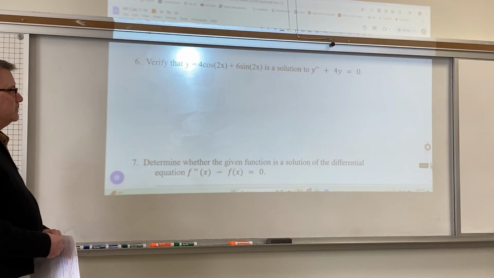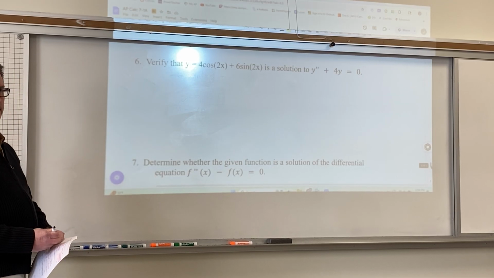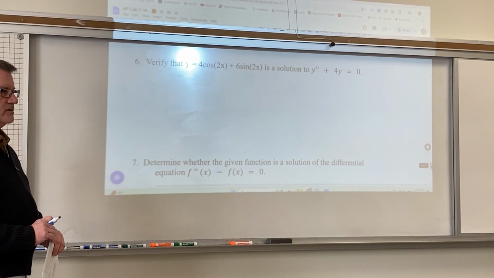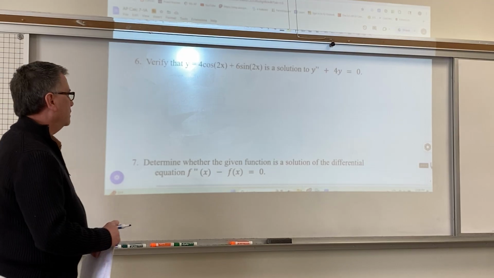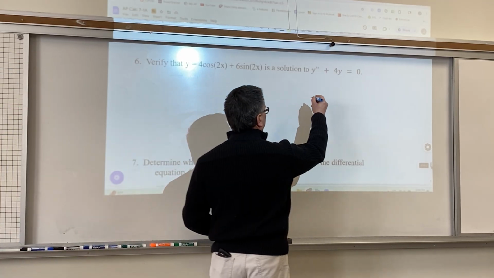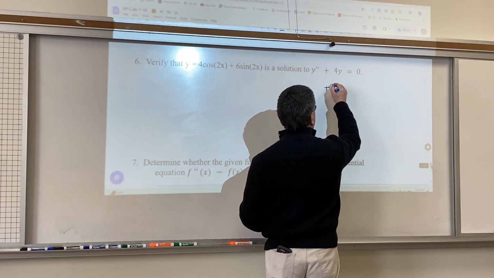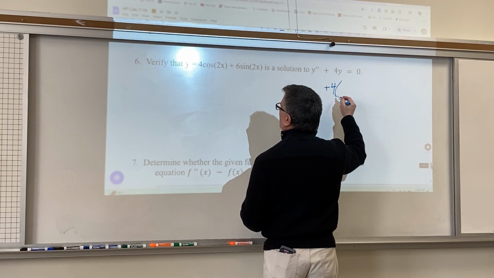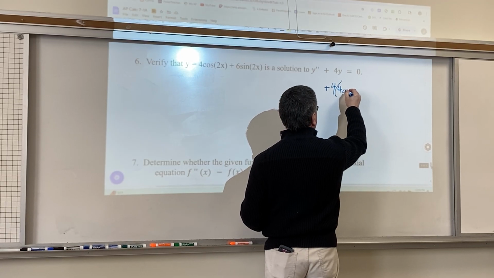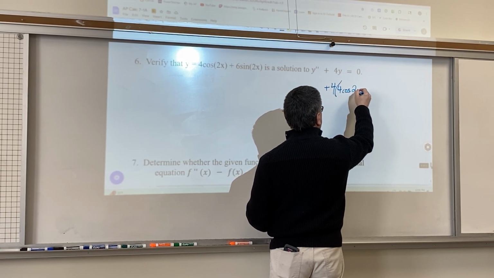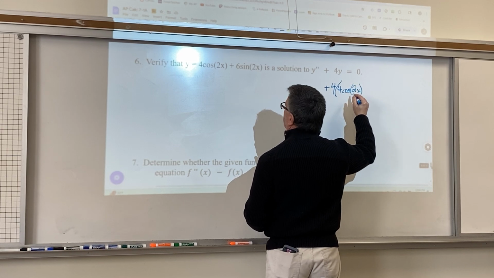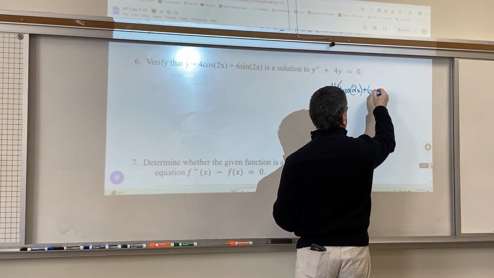Well, we have solved it when we find the function. I've already found the function and the derivative of that function and plug it back in. Okay, well, we got this. We know what y is, 4 cosine 2x plus 6 sine 2x.